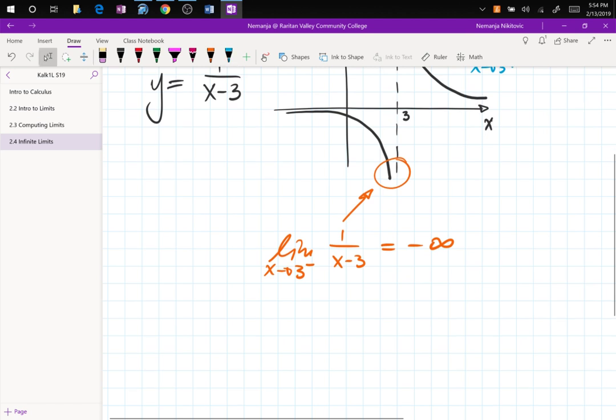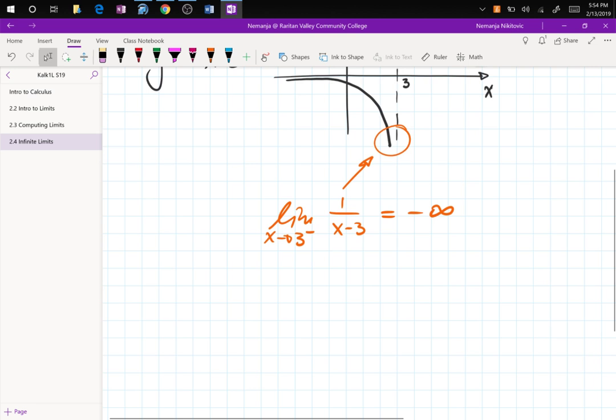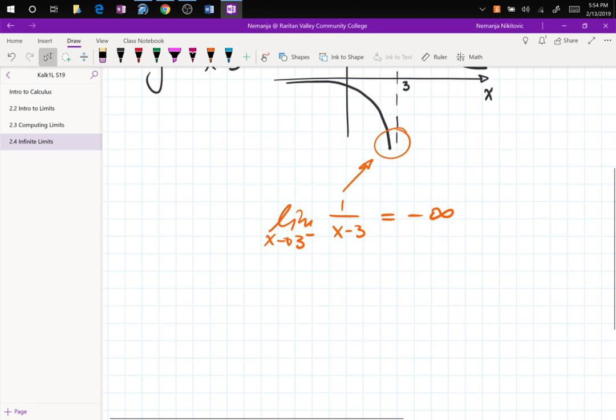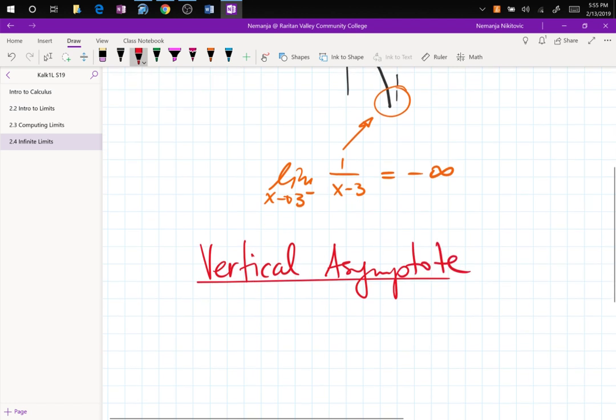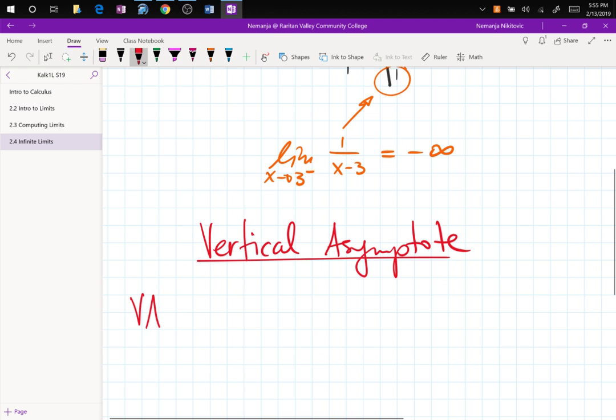So now, what is this concept good for? Well, it's good for the definition of the vertical asymptote. A vertical asymptote, that's a VA.